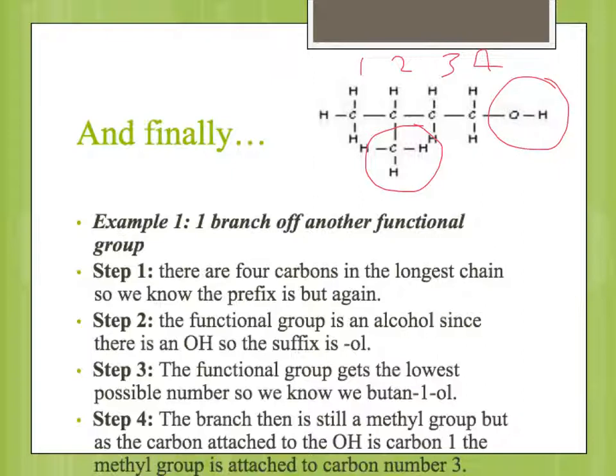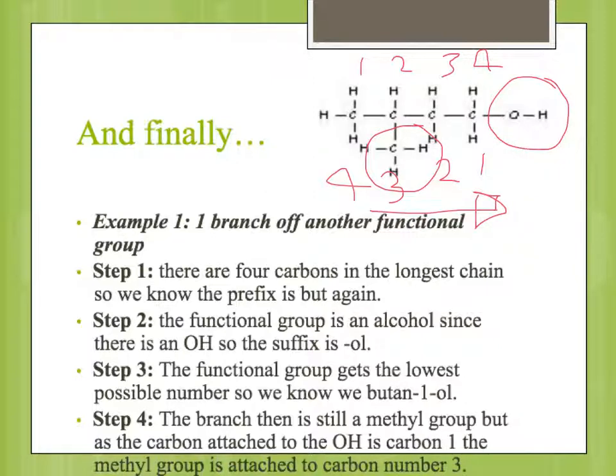All right. And the functional group is an alcohol since there is an OH. Now, I can number it 1, 2, 3, 4 in one direction or in the other, and I'm going to number it in this direction because alcohol, OH, is preference with numbers, so it will be on carbon number 1.